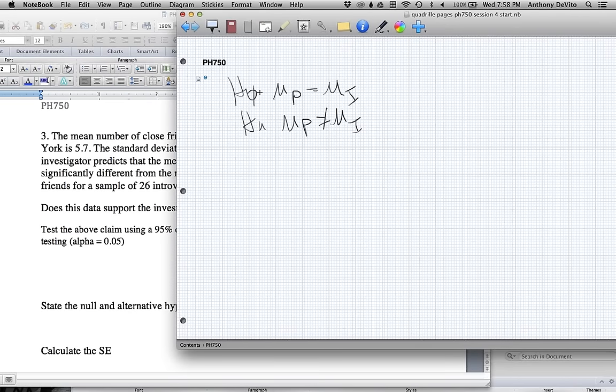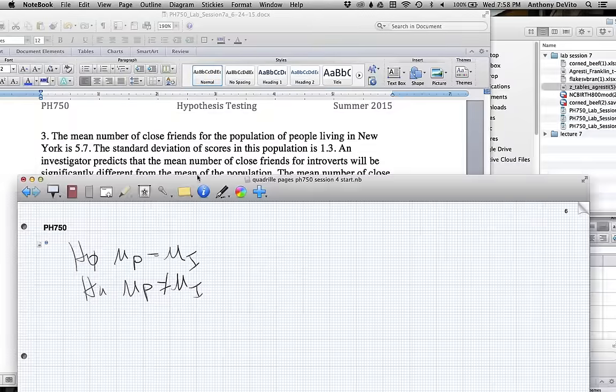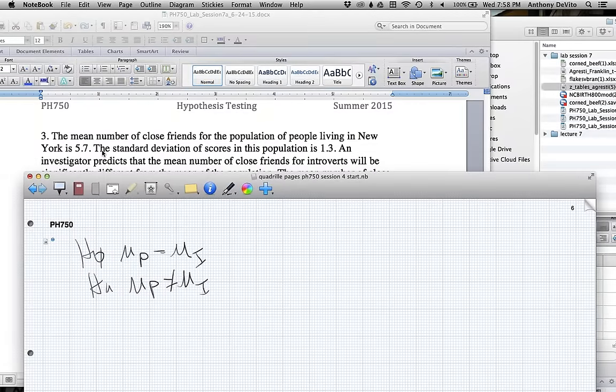Now I'm going to test that hypothesis. I know that the mean for the entire population is 5.7, so mu p is equal to 5.7. Another way I could state my null hypothesis is mu introverts is equal to 5.7.